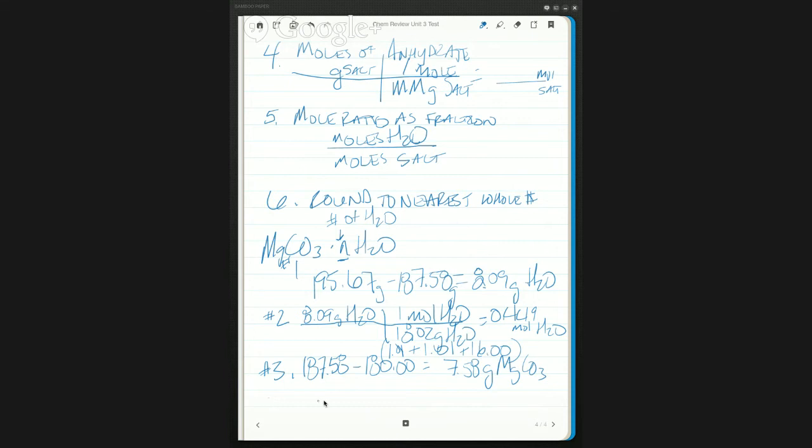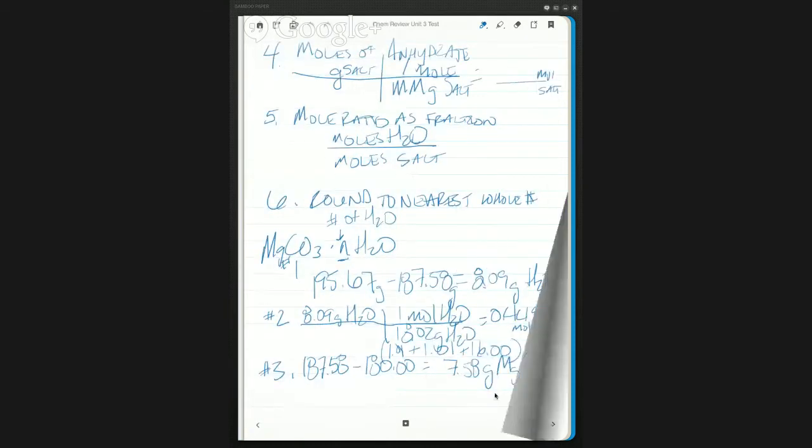Let's go to the next page for 4. Now we're converting it to moles. I already forgot what that number was: 7.58. So we had 7.58 grams of MgCO3.